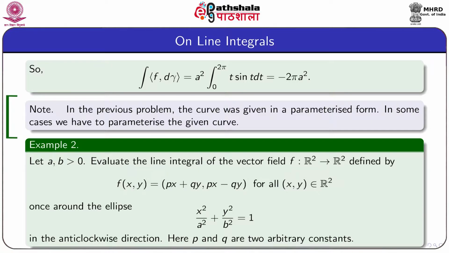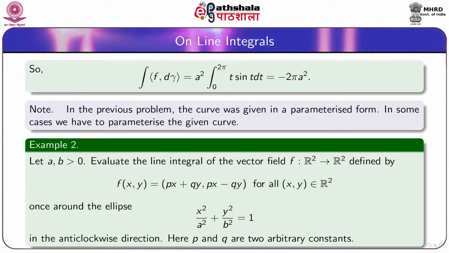In this problem, the curve was given in a parameterized form. In some cases, we are given the curve and we have to find parameters for it. The next example, let a and b be both positive.